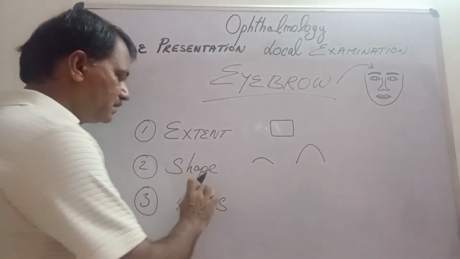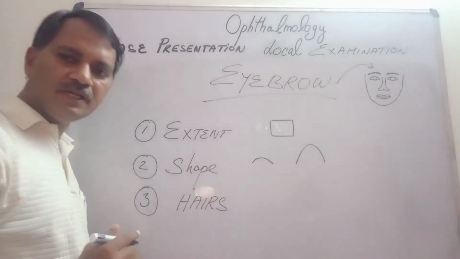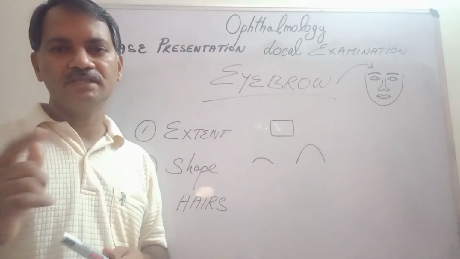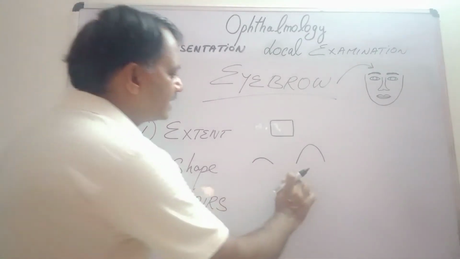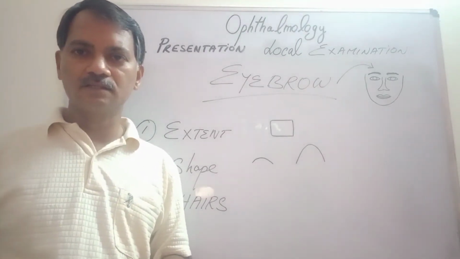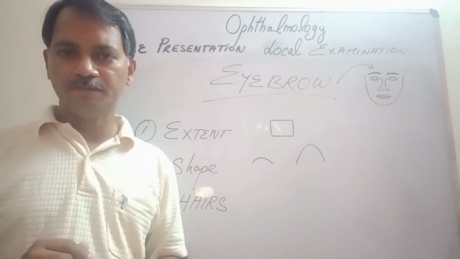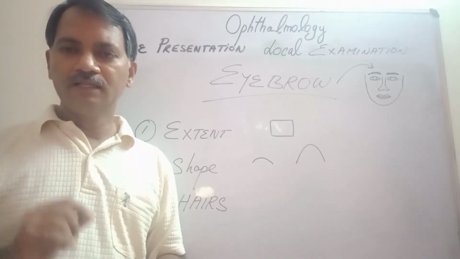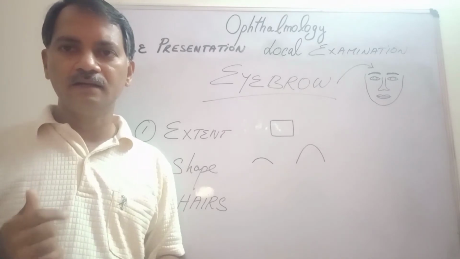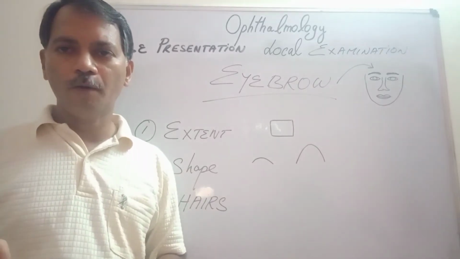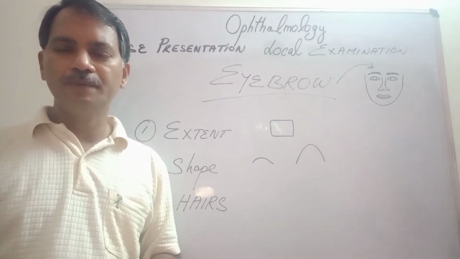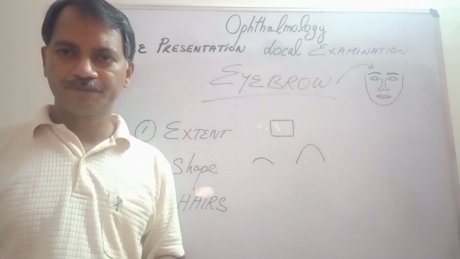Let us first consider the abnormal shapes of the eyebrow. I already said the eyebrow is slightly convex upwards. If the convexity of the eyebrow increases like this, in which condition will you see it? Whenever there is ptosis, meaning drooping of the eyelid. The eyelid is not able to go up due to levator palpebrae superioris malfunction.